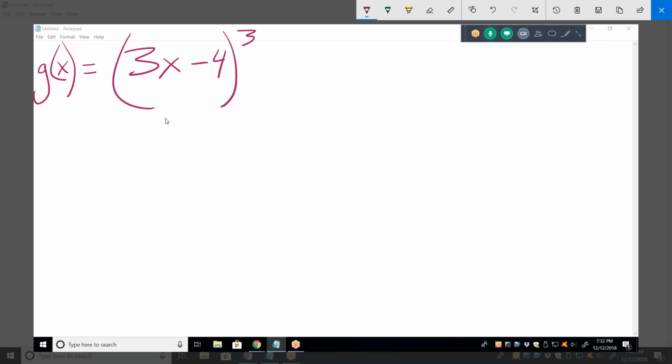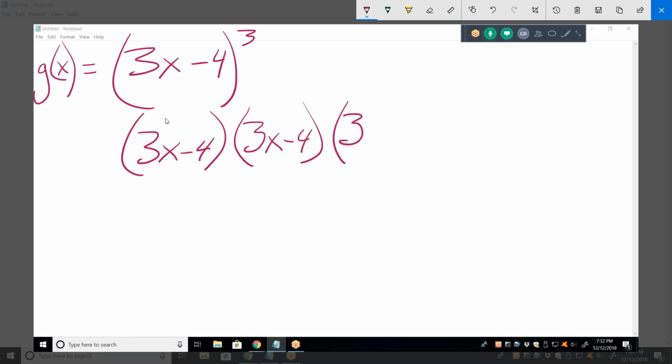Distribute the 3? It's not really called distribute. It's not multiplying. In other words, this is technically equal to the following. So what you have to do is multiply these three things.